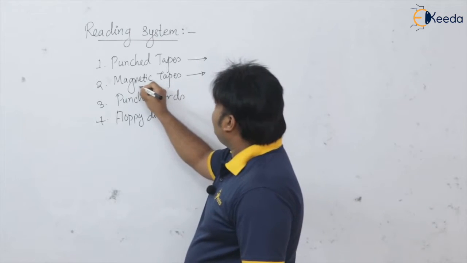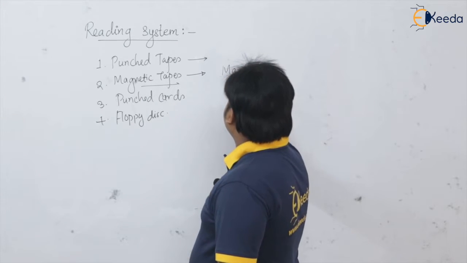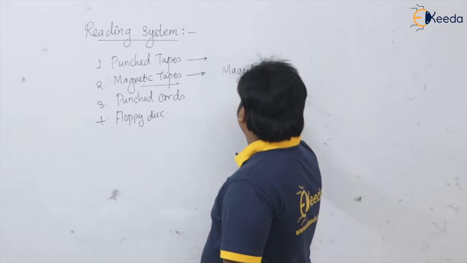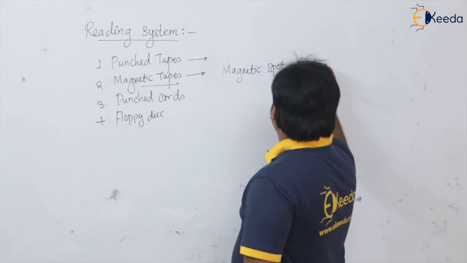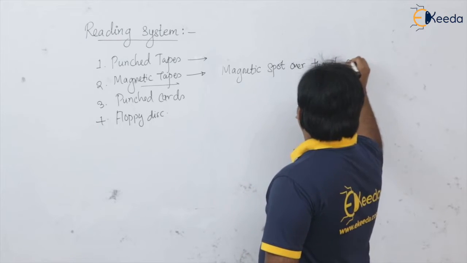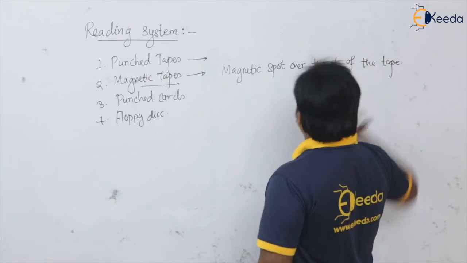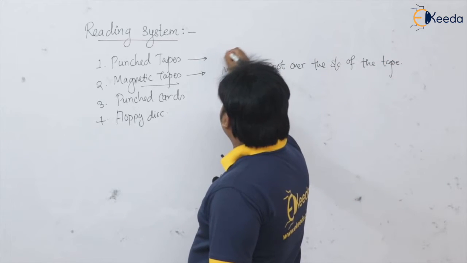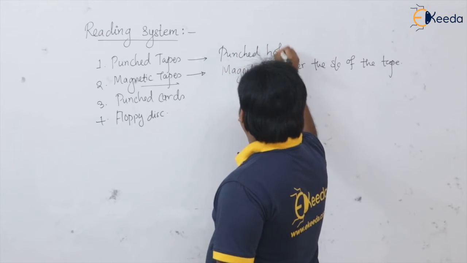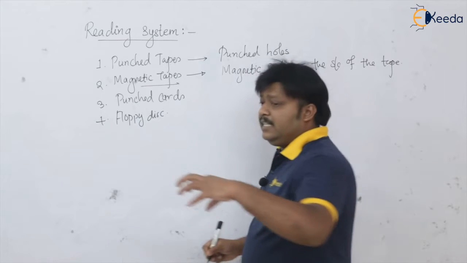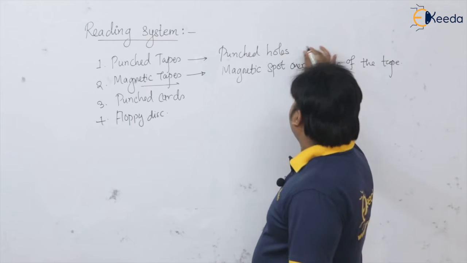Here, in the punch tape, there are punched holes. If a hole is there, then there is some information, that is 1. If not, then 0, no information.